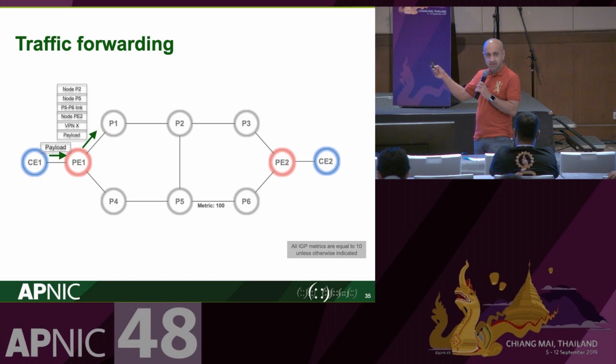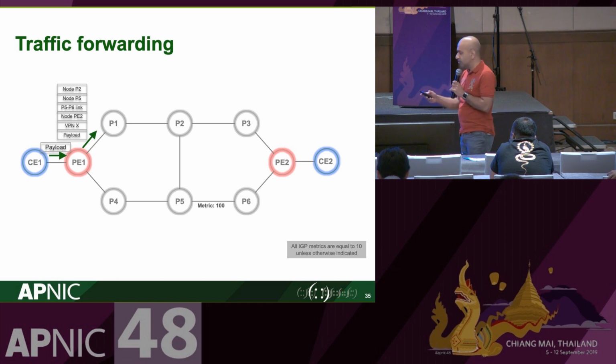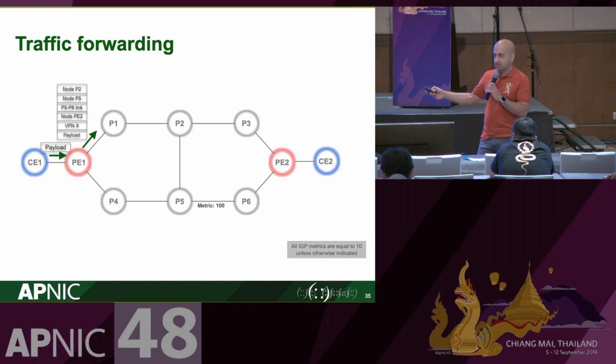The way to read this is, we are putting information in the packet that is telling the network: send the packet first to P2 through the shortest path available. PE1 has two ways to get to P2. It can go this way, or it can go that way, but the top one is the shortest path. So get the packet to P2.